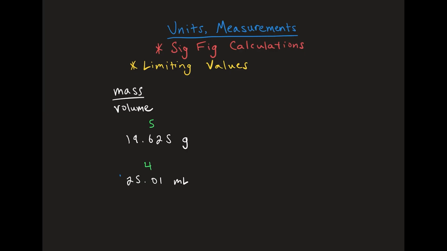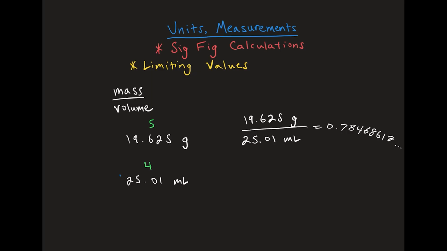When we calculate the density, 19.625 grams divided by 25.01 ml, plugging this into a calculator, we get 0.78468612, and it keeps going.